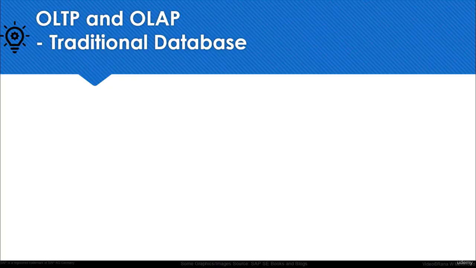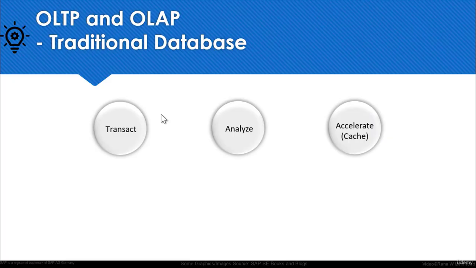So how is the SAP HANA database benefiting from these two different database designs? I will compare this with a traditional database. The traditional database was either built for OLTP optimization or OLAP optimization, but not both. So it brings unnecessary complexity. That is, 3 different copies of data in different data models, such as transactions, analysis, and acceleration processes, separated.